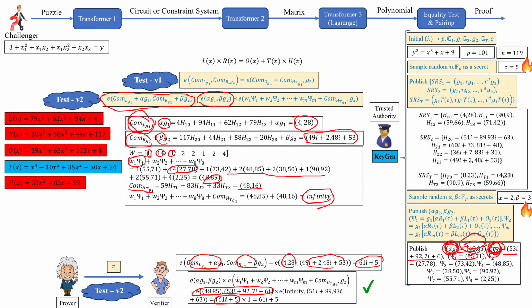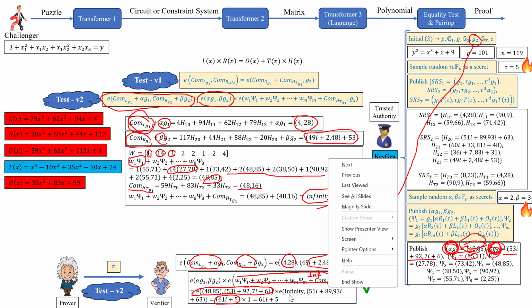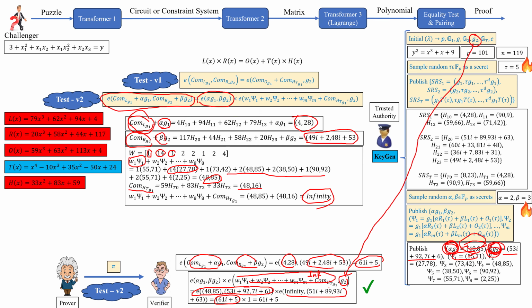For the other part, this part is computed and shared by the prover. So the value equals infinity, right? And G2 is also part of the public parameter, right? So the verifier takes G2 from the public parameter and infinity as the proof from the prover, and then computes the pairing of these two values.